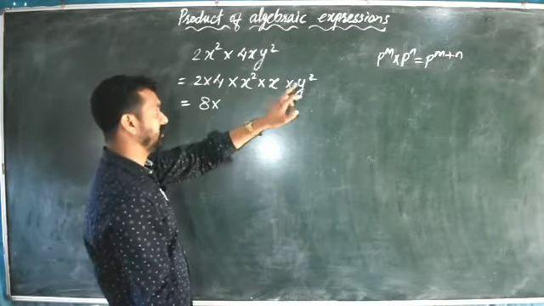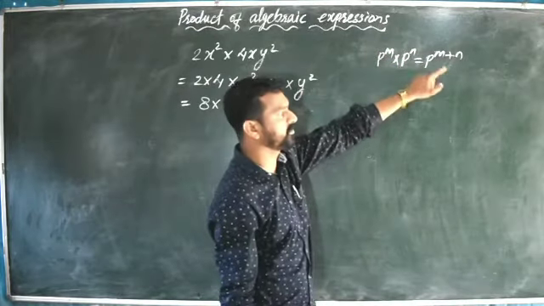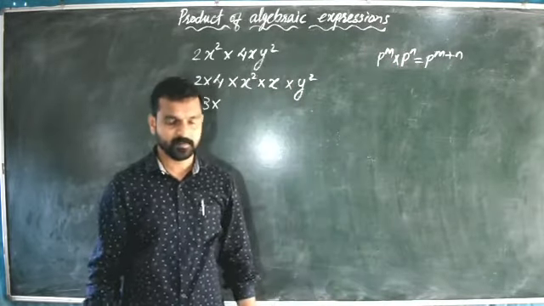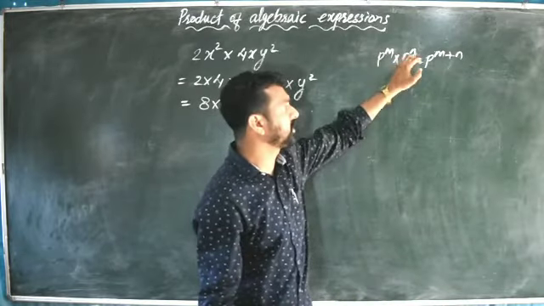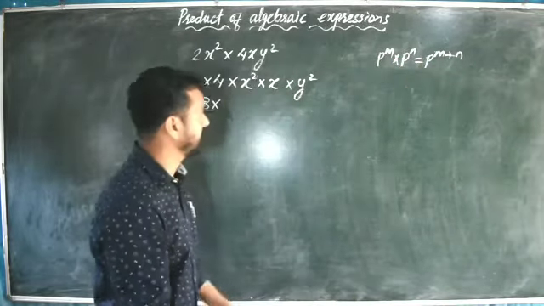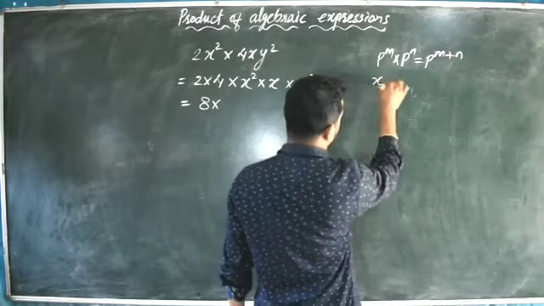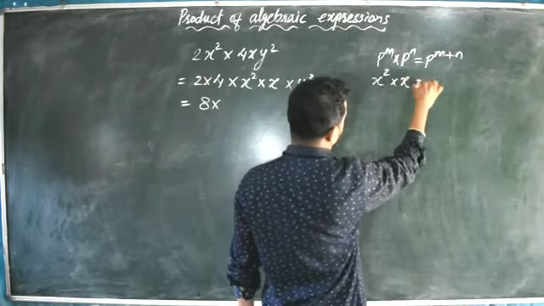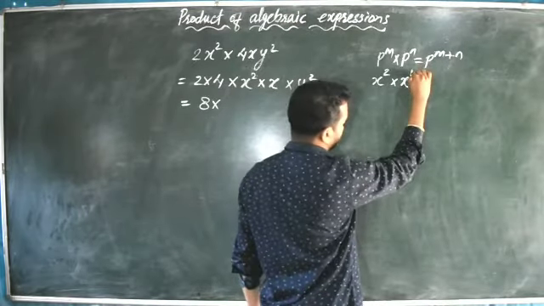Here we can use the law of exponents, p raised to m into p raised to n is equal to p raised to m plus n. We have studied this formula in exponents and powers. So x raised to 2 into x: nothing is written as the power of x, which means its power is 1.